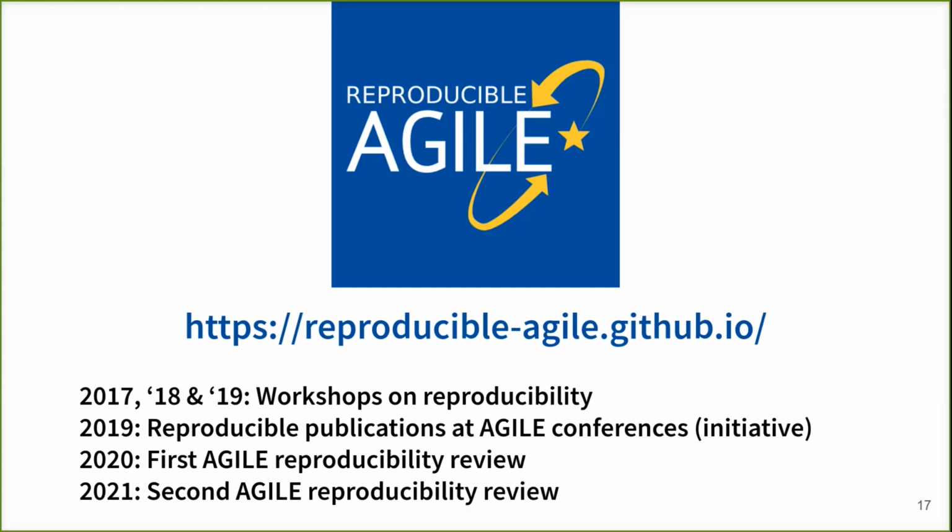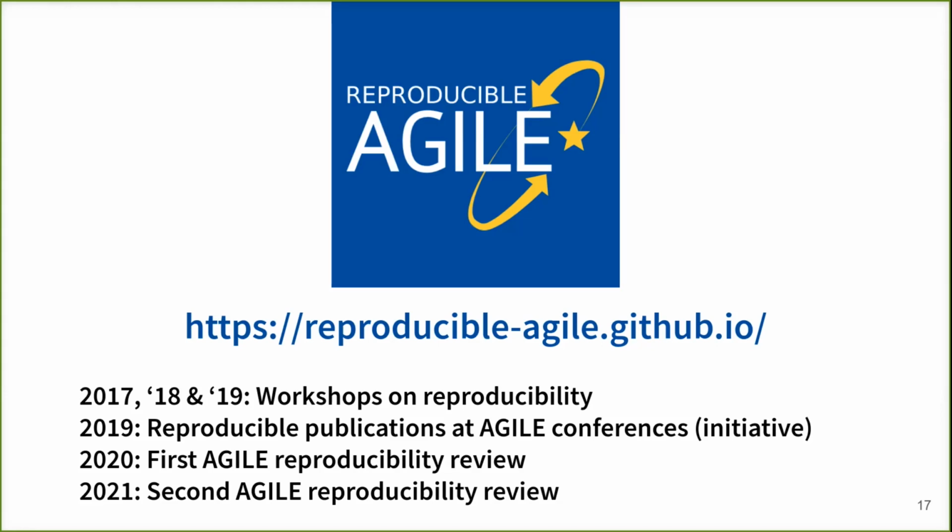It all started with a couple of workshops in 2017, where we tried to talk about reproducible research, and from the 200 participants, just I think 3 or 4 showed up. So the topic wasn't really high on people's lists. But out of this workshop grew a little meta research project where we assessed the reproducibility of papers published at the AGILE conference.